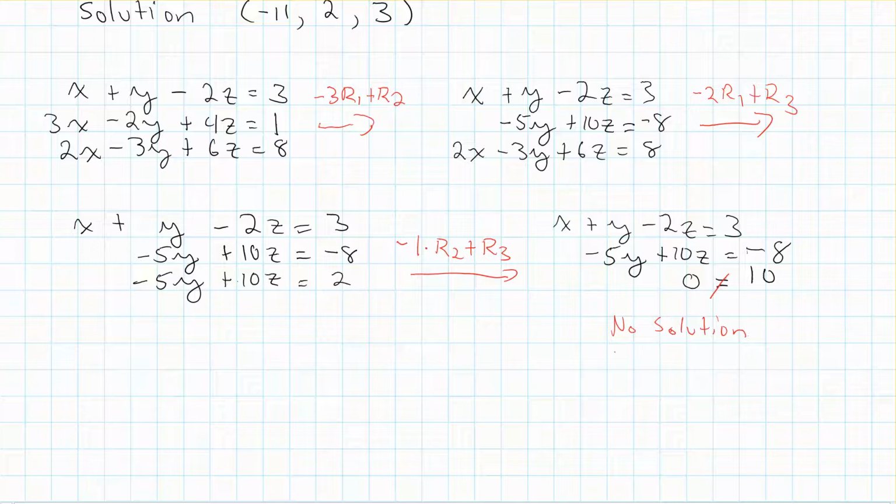And this is what's referred to as having it be inconsistent. Now, the same idea would happen if you wound up with a 0 equals 0. That would mean that you have an infinite number of solutions.